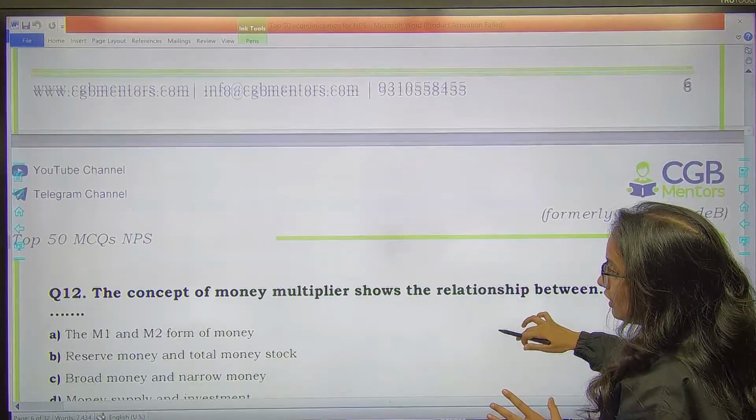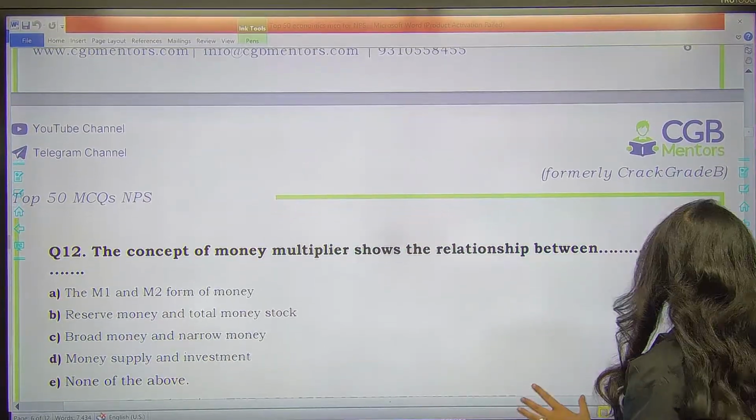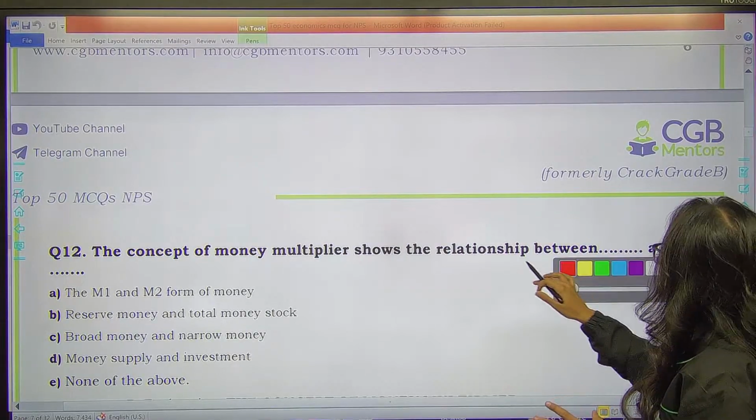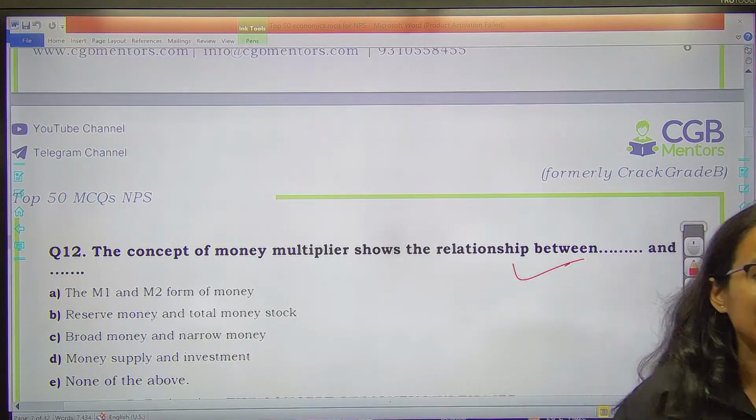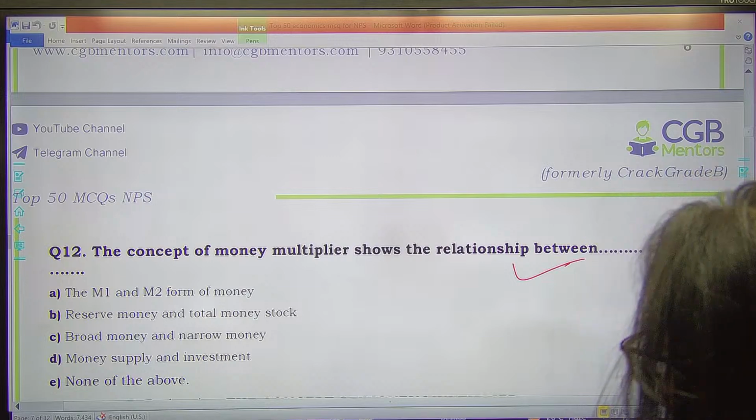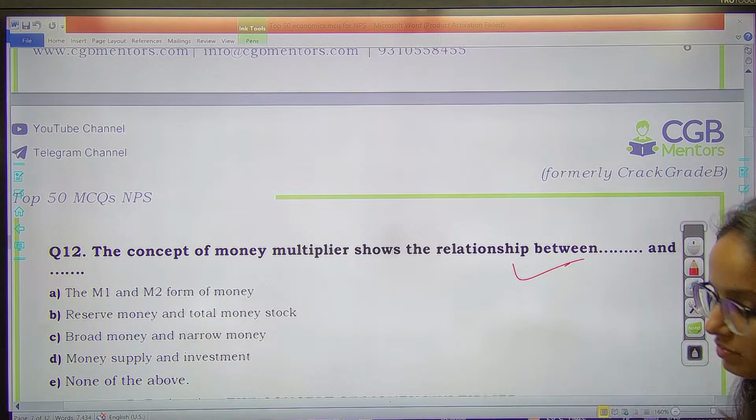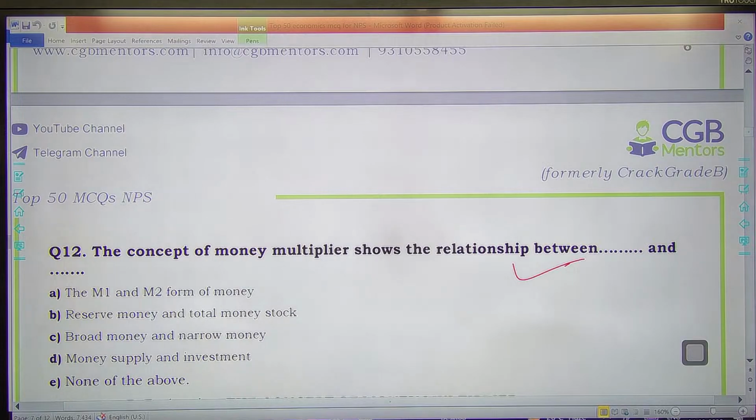Then next is the concept of money multiplier. It shows the relationship between which of the following? Yes, quickly tell me.